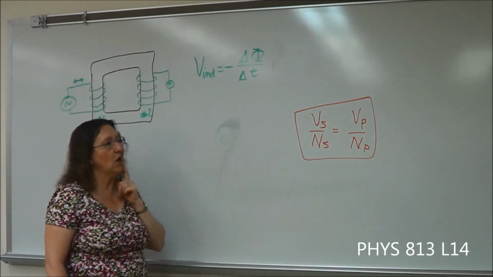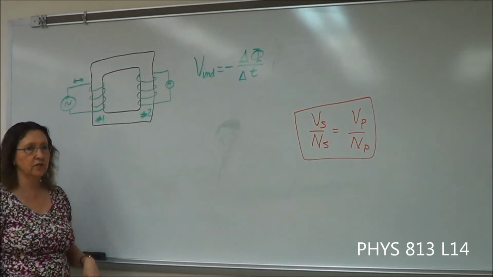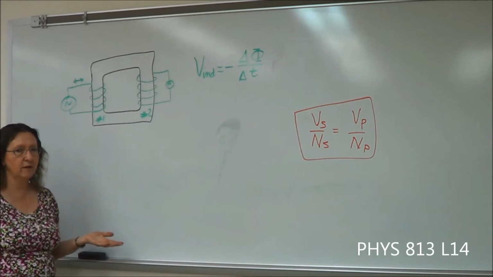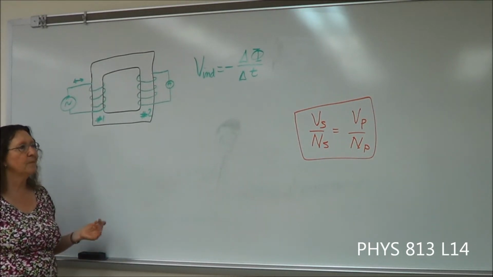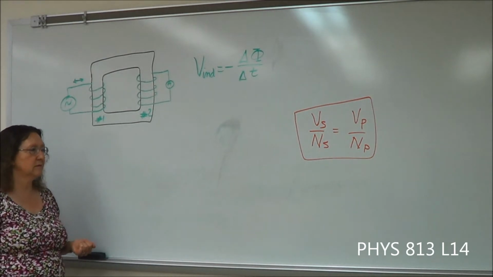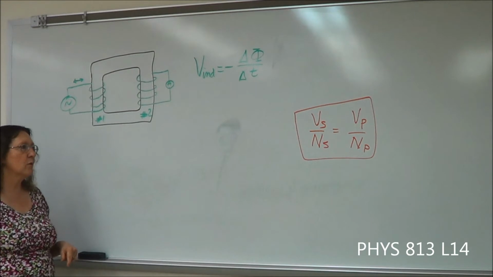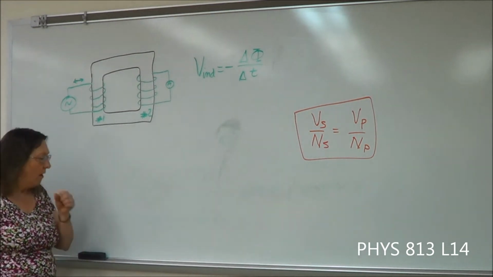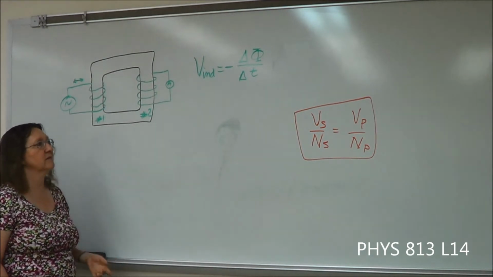Your first thought might be, oh, that's good, I can put in a little voltage and get out a big voltage, so I'm getting something for nothing. Well, it's really not like that, and that's pretty much the case in everything. You don't get something for nothing. You may get something, but it's at the expense of something else.